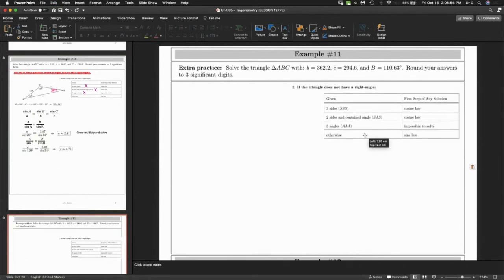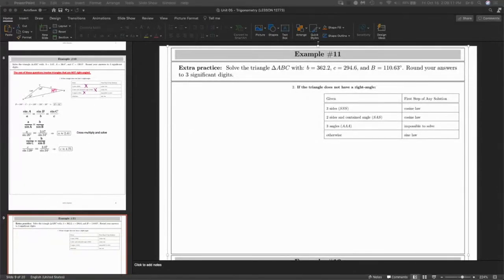Let's do one more here, a little bit of extra practice. When I say extra practice, it literally just means that it's the same thing again. But I mean, we can still practice. It doesn't matter. So let's take example 11, and I'll give you the picture.